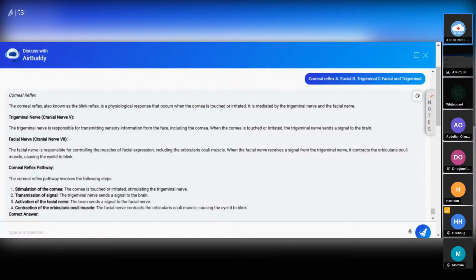Then the second branch, which is V2, covers the area between that lateral epicanthus down to the angle of the mouth. So all that area around the cheek is supplied by the maxillary branch, which is called V2.